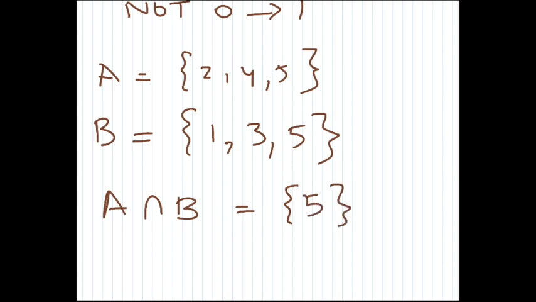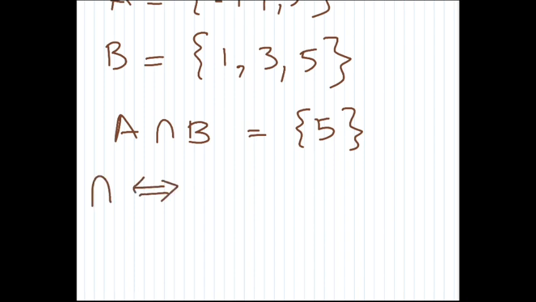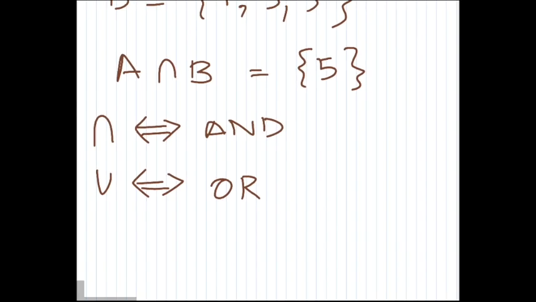But now how can we use bit operations to do that? Intersection corresponds to the AND operation, and union corresponds to the OR operation. We'll see an example of union in a bit.